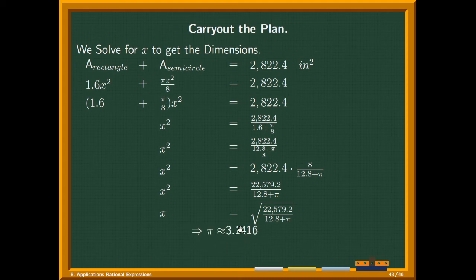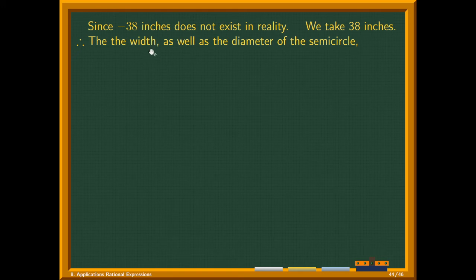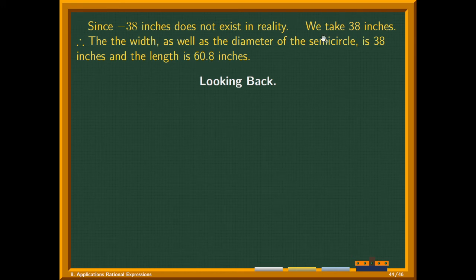Okay, by approximation, x could be positive or negative 38. Since we don't have a negative 38 inches in reality, we use the absolute value, 38 inches. So the width as well as the diameter of the circle is 38 inches and the length is 60.8 inches. We multiply 38 times 1.6, we have 60.8 inches.